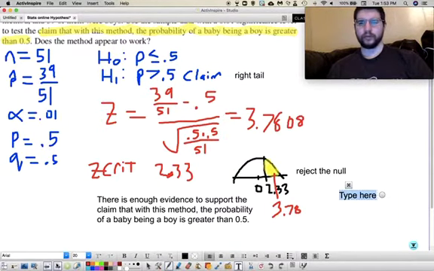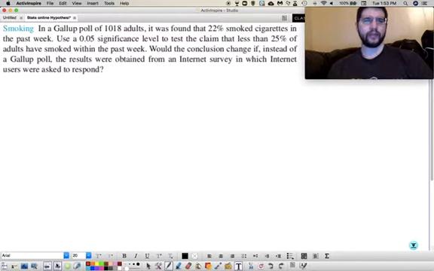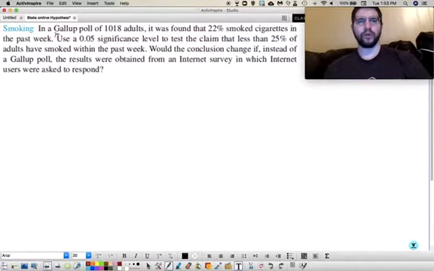I think we have one more. Yes, we do. Okay, Gallup poll. Let's talk about those for a second. Gallup is a company that is paid to conduct polls, so you can consider those random samples.